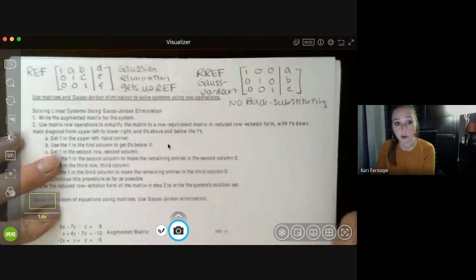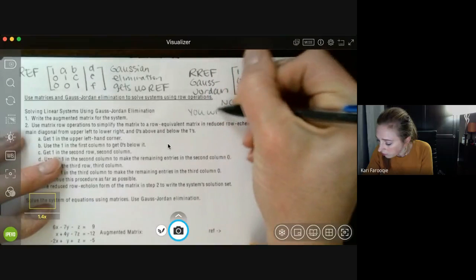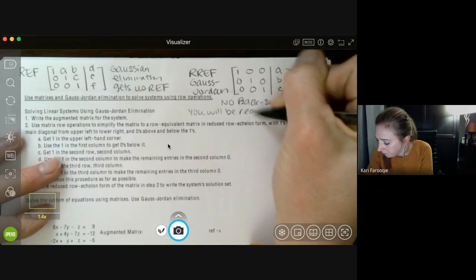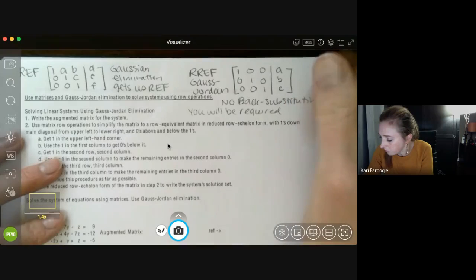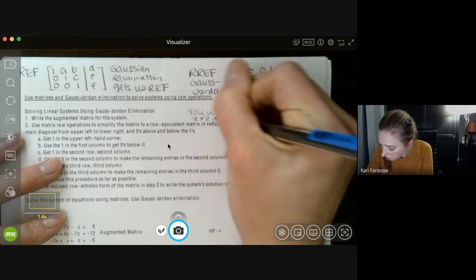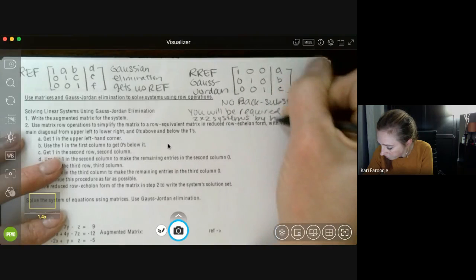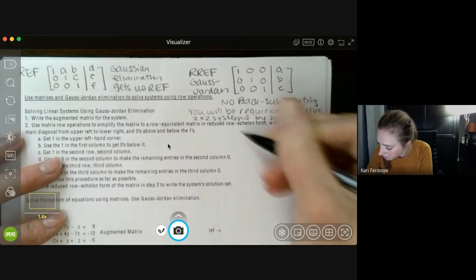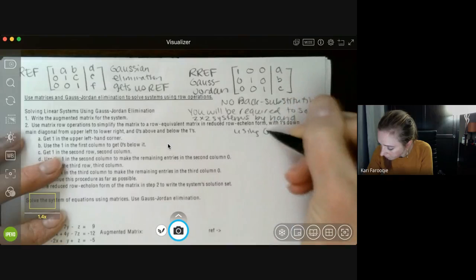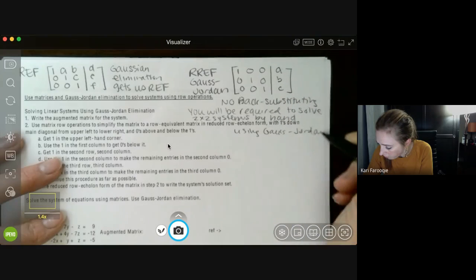And I'm going to put a little note here. You will be required to solve 2x2 systems by hand using Gauss-Jordan form.